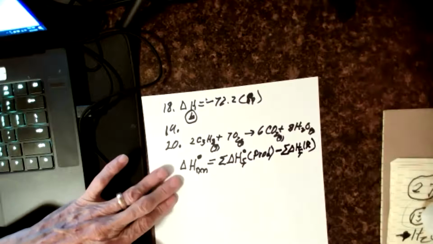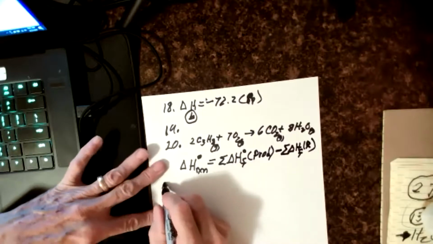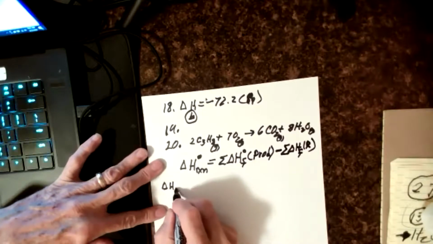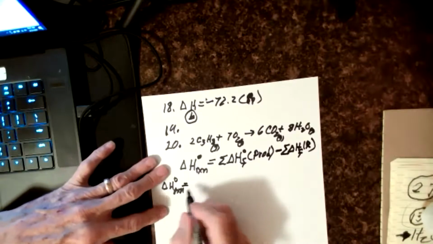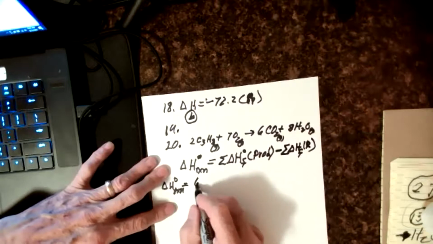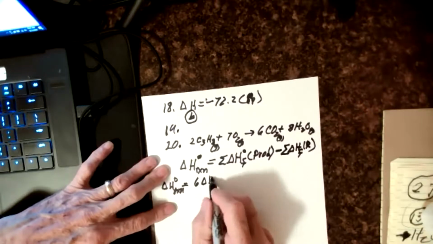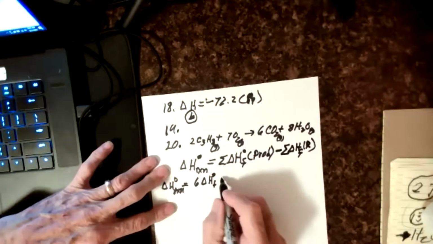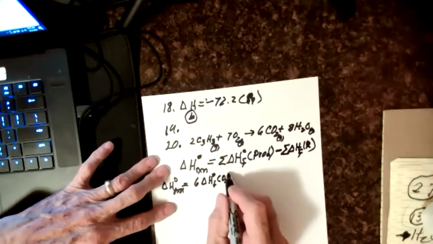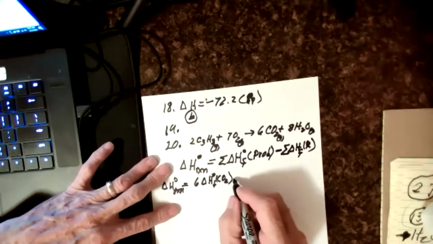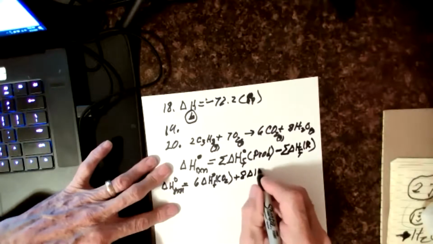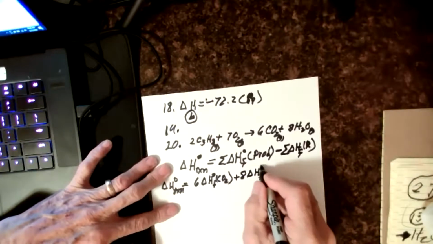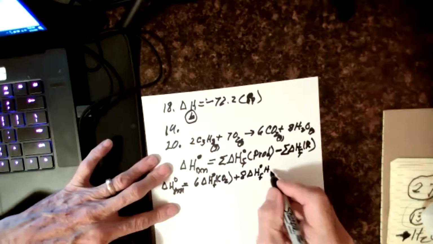Okay, so let's put the numbers in. The delta H for my reaction is going to be equal to 6 times the delta H of formation of CO2, and it is gaseous, plus 8 times the delta H of formation of H2O, and it is gaseous.